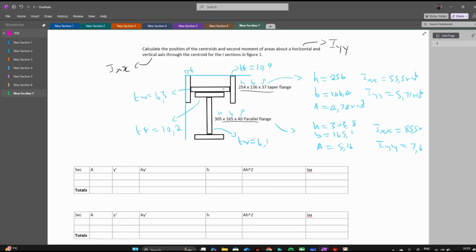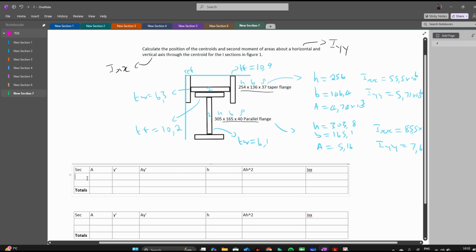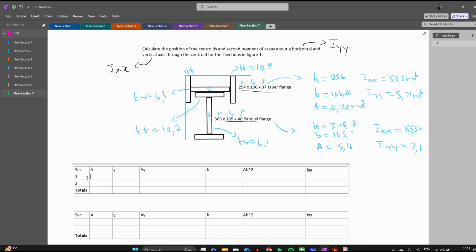Now let's start with our horizontal second moment of area, which is our y-bar table and Ixx table. Let's call this our section 1 and this one our section 2. The area for section 1 was 4.74.